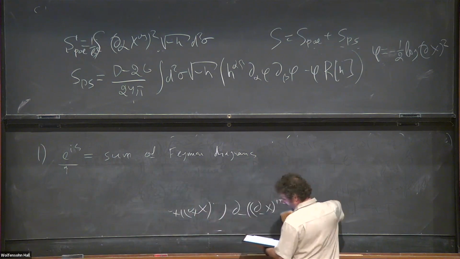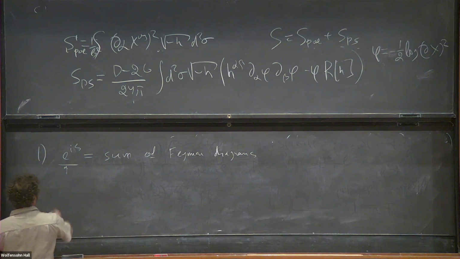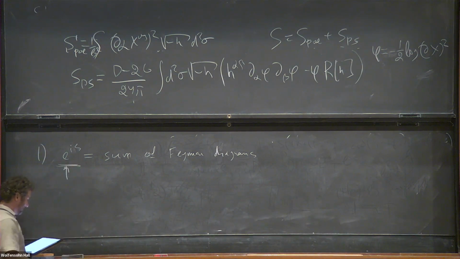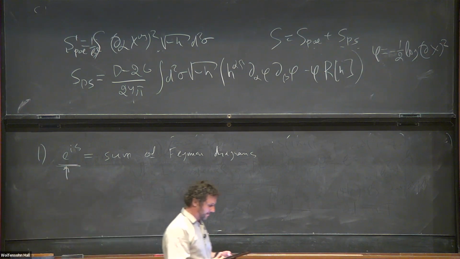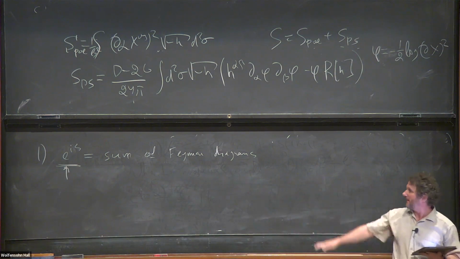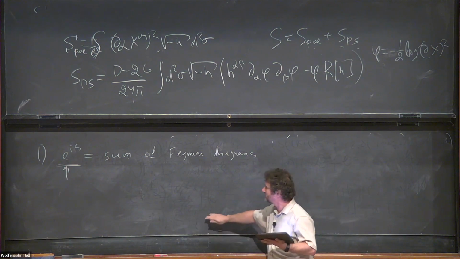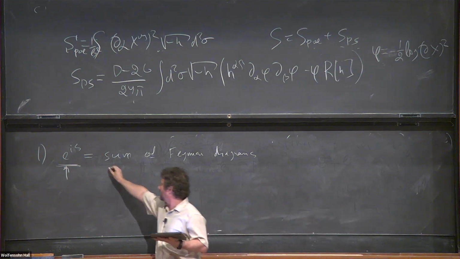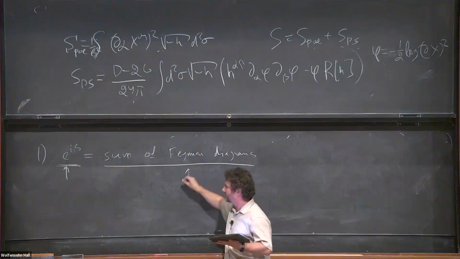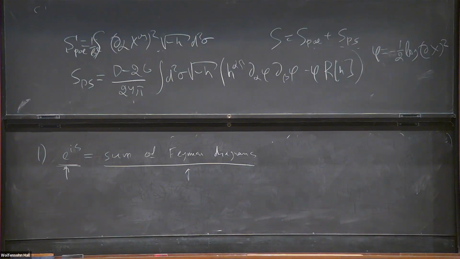So we have a proof that at d equals 3 this theory actually exists, in the sense that this model also at d equals 3 has non-linearized Poincare symmetry. I won't be able to reproduce it on the blackboard, but let me give you an idea. The idea is based on the fact that this S matrix is really just a sum of Feynman diagrams coming from some local action, and the proof goes inductively.